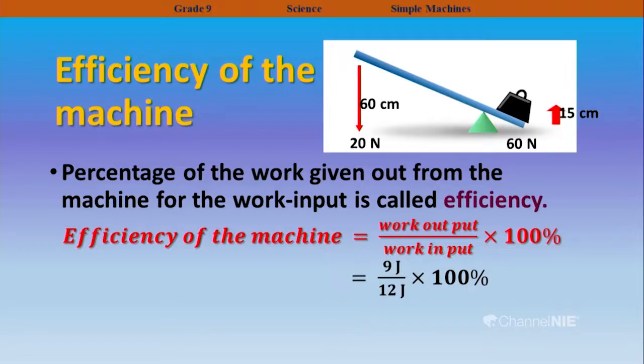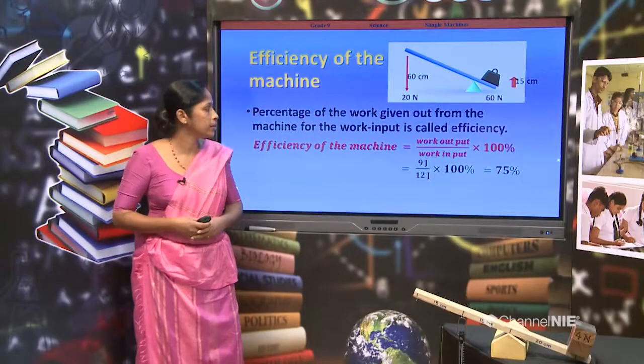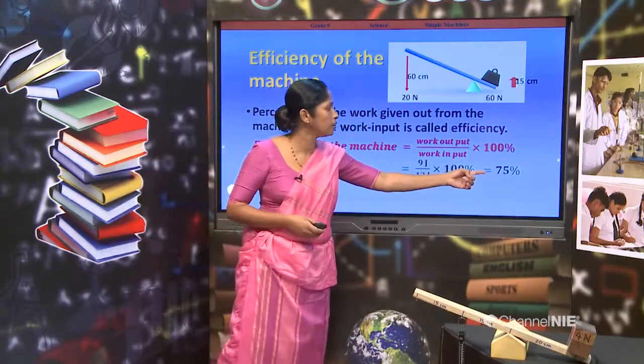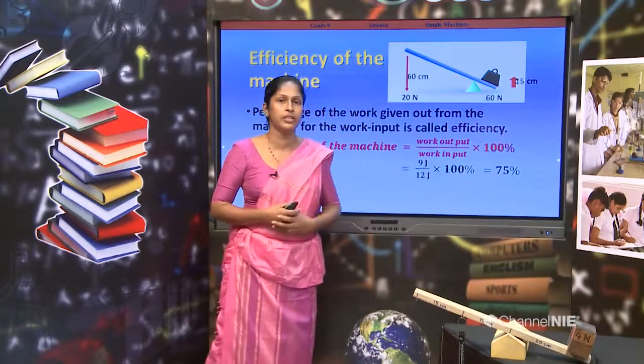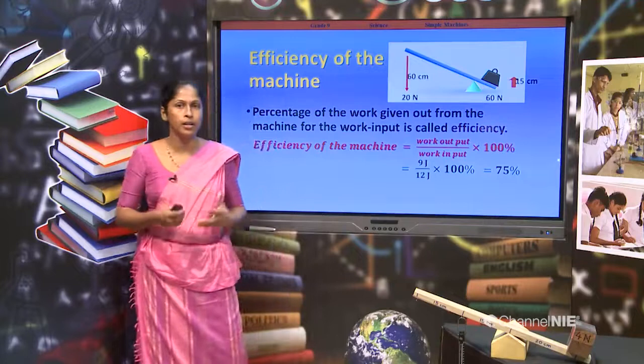Earlier we calculated work output, that was 9 joules, and work input is 12 joules. As a percentage we will get 75%. You will think, why can't this machine increase its efficiency to 100?